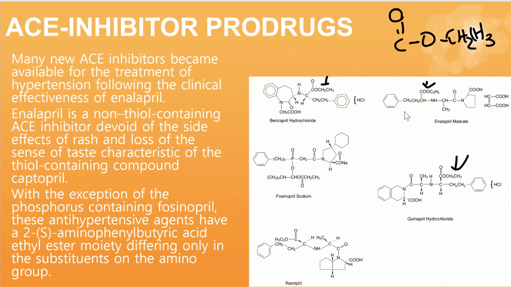We don't have to know the structures, but we need to know the major functional groups, and as we said here, most of them have the aminophenyl butyric acid ethyl ester moiety, and they vary on the substituents on the amino group.